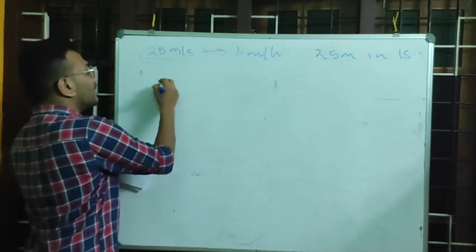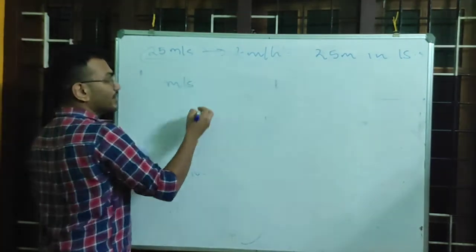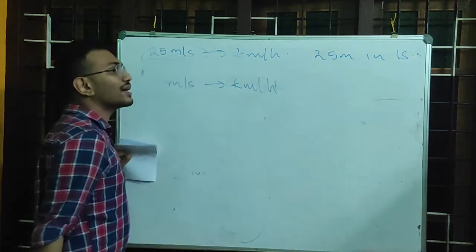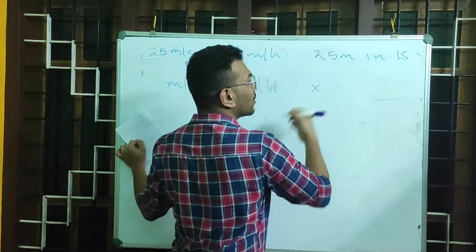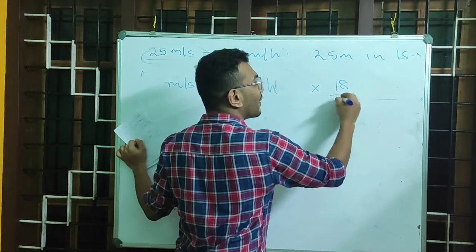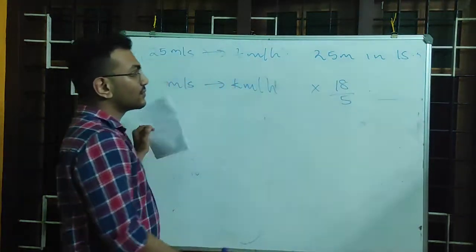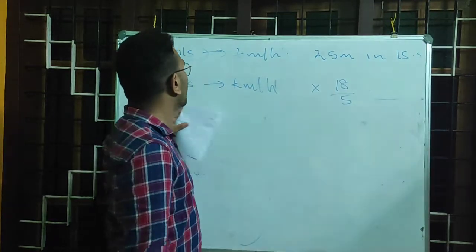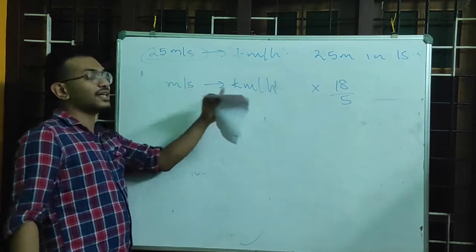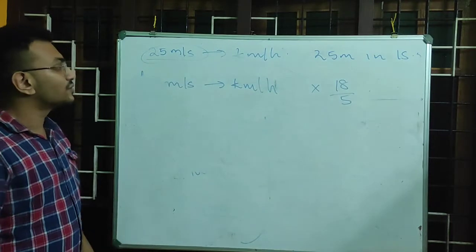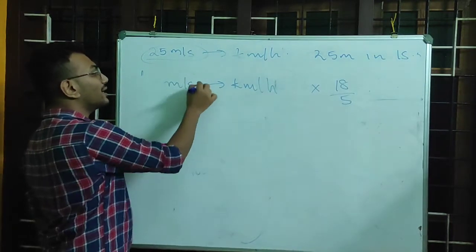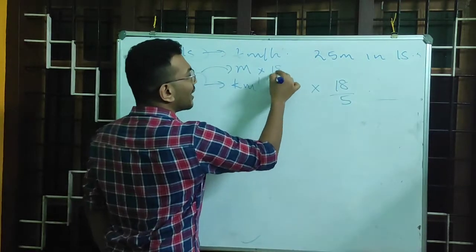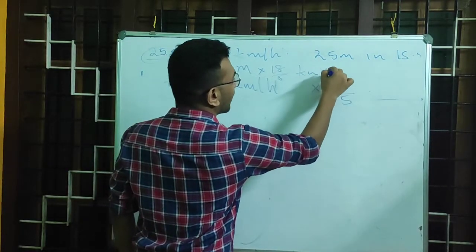To convert meter per second to kilometer per hour, we have to multiply by 18 by 5. Just multiply the value given by 18 by 5, and you will be able to convert meter per second to kilometer per hour. Let the given value in meter per second be m. M into 18 by 5 would be in kilometer per hour.